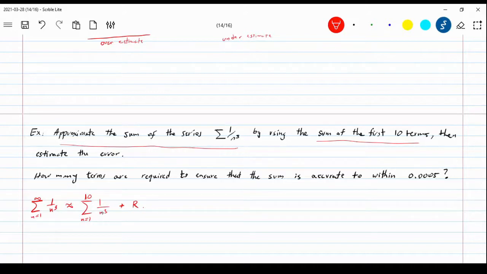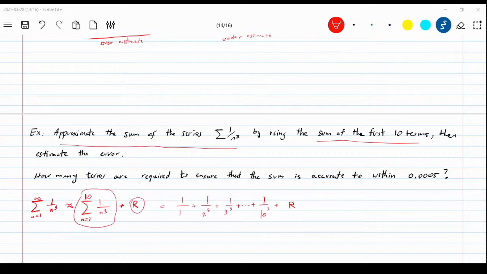It's not exactly the same, but this remainder is what we're trying to approximate. So we add up the first 10 terms: 1 over 1 cubed plus 1 over 2 cubed plus 1 over 3 cubed, up to 1 over 10 cubed. Since it's only 10 terms, I can use a calculator and add the error approximation, and I can say closely, not exactly, that the summation from 1 to infinity would be close to that approximation.